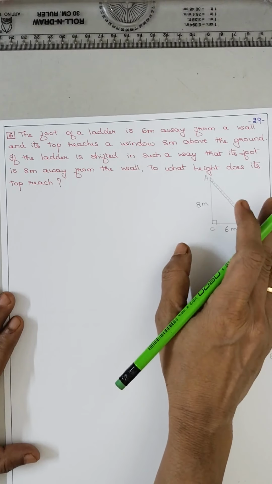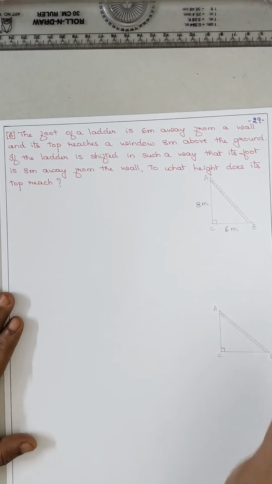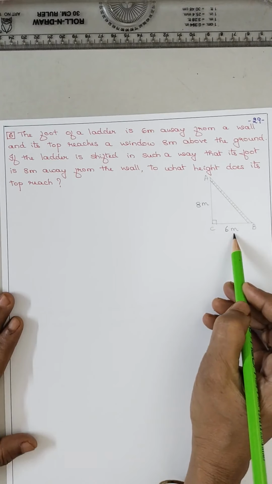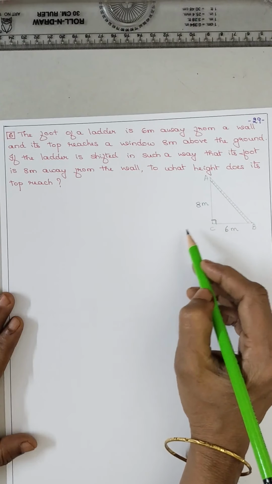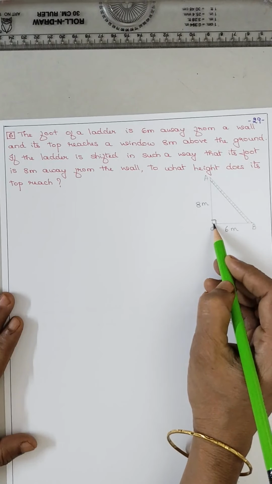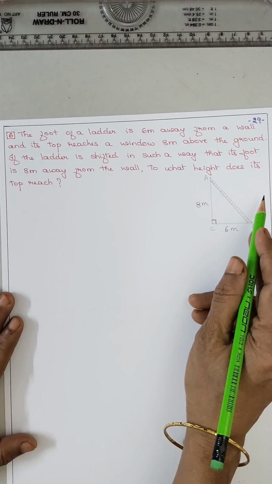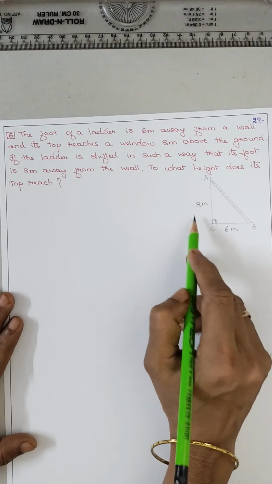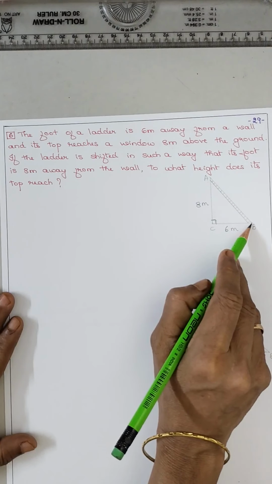Okay, they have not given the length of the ladder. Now you got two sides, and you know the angle between the wall and the ground, that is 90 degree. So you got a right angled triangle. So with this measurement we can find out the length of the ladder. Okay.